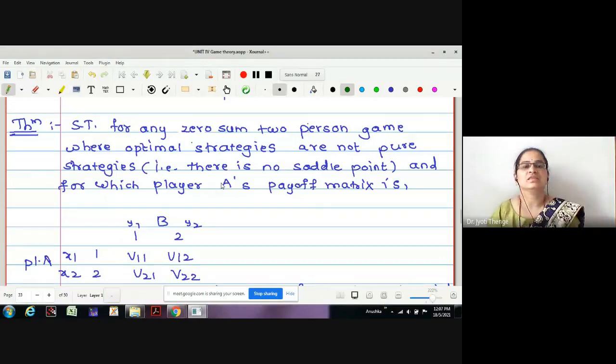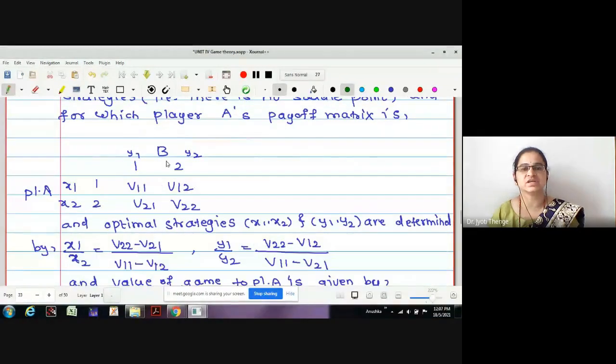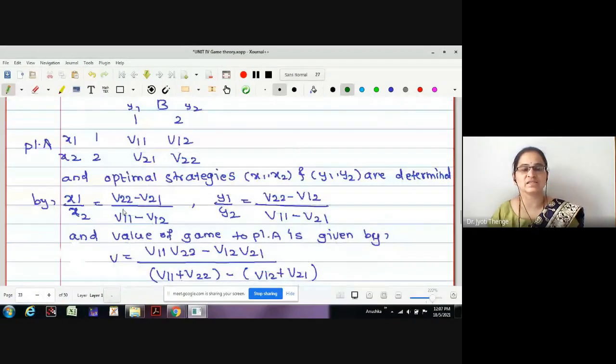The theorem we have seen on this is for a zero-sum two-person game where optimal strategies are not pure strategies. If this is the payoff matrix, then the optimal strategies are x1, x2, that is, probabilities. What are x1, x2 exactly? These two are the probabilities of player A playing the activities 1 and 2.